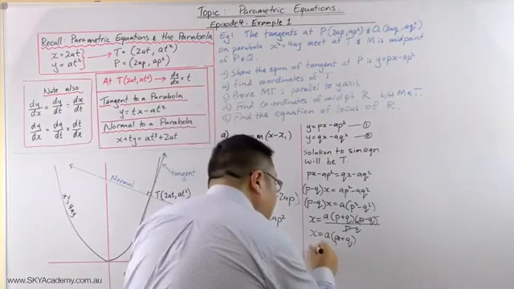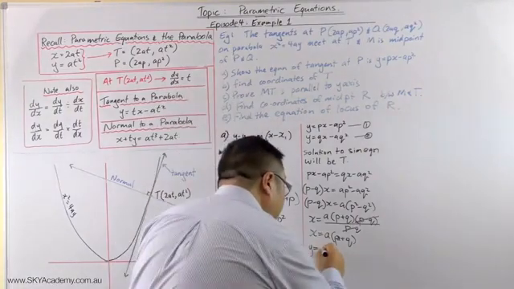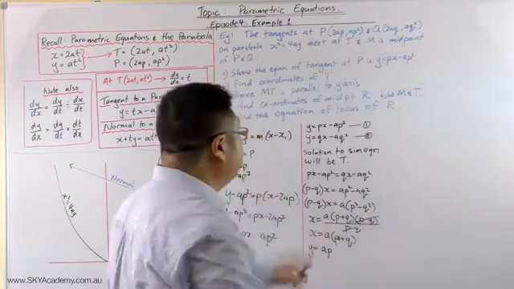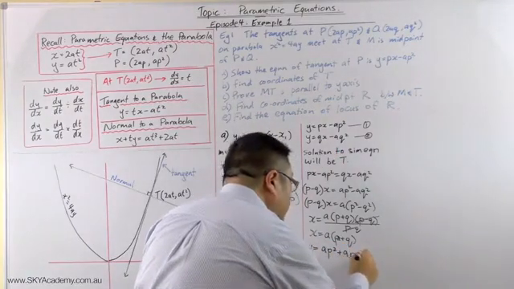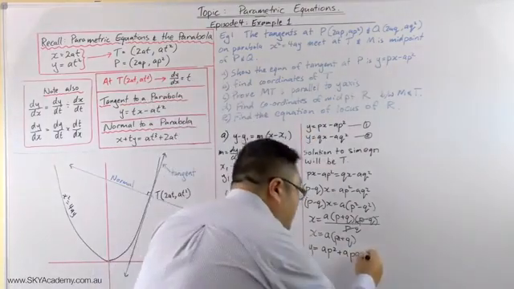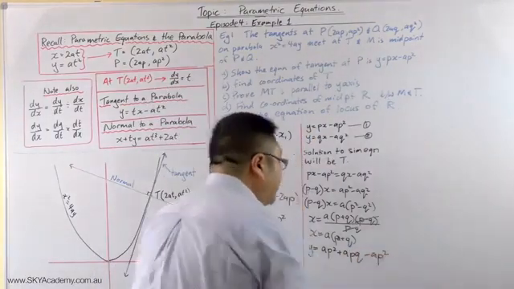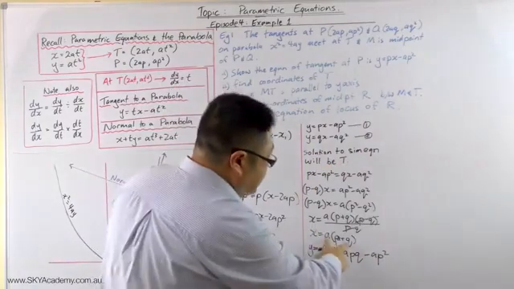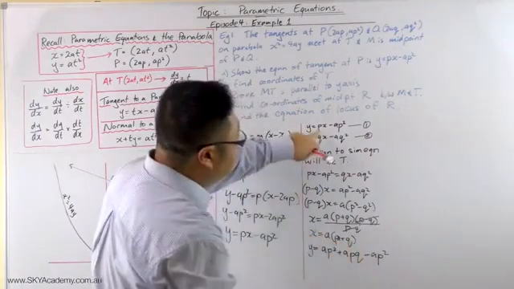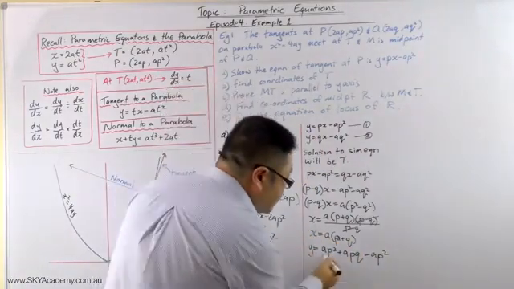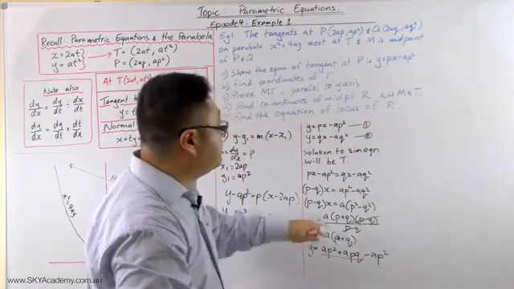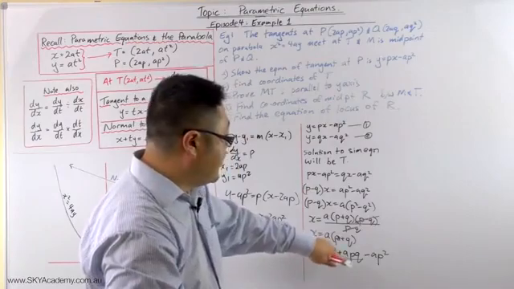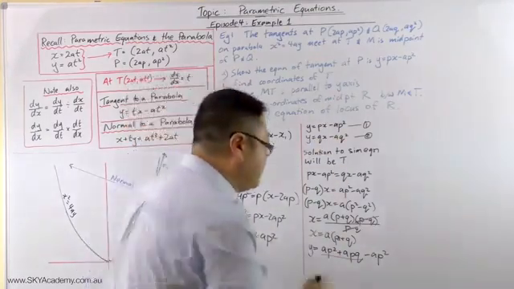So y is going to be equal to ap squared plus apq minus ap squared. Basically I've taken this, expanded it out, multiplied by the p, and that gives us this bit here, and then minus ap squared, which is that. So I've substituted x back into equation 1.